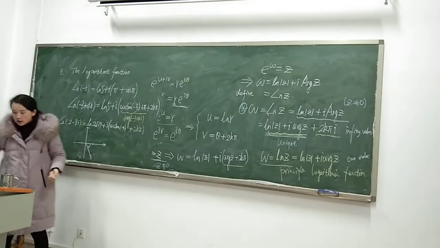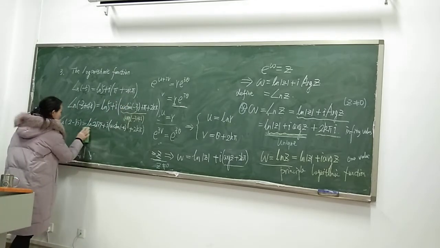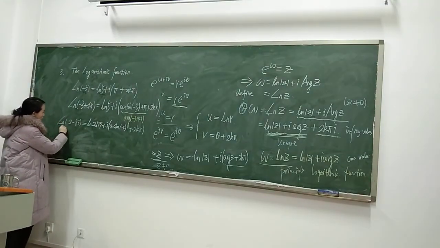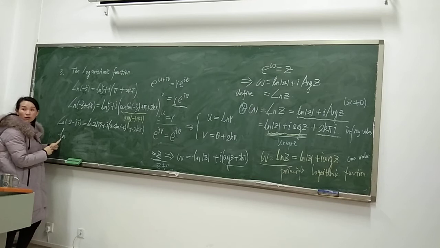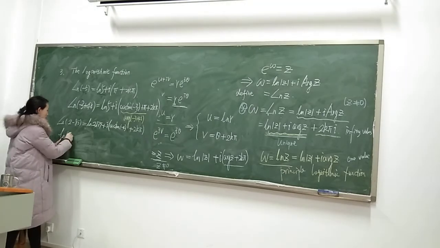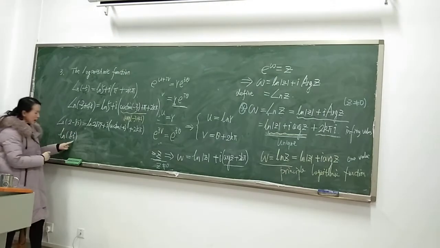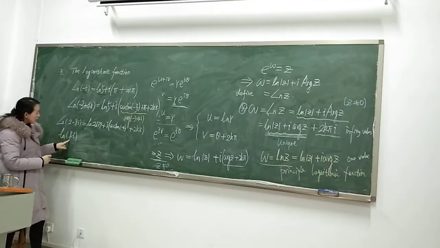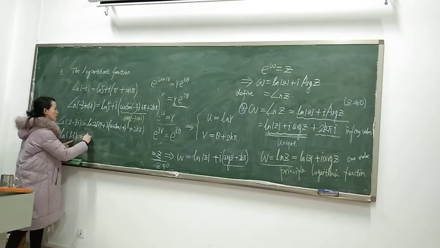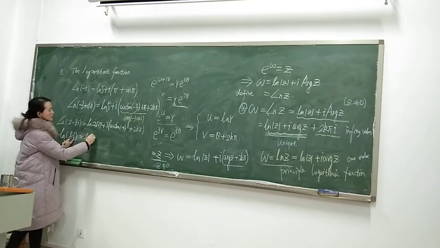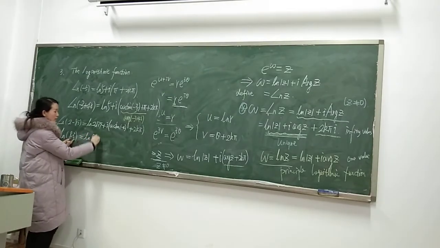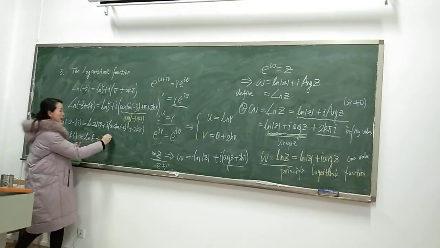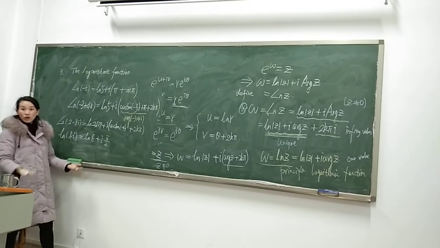If I give you another question, for example, I only ask you to compute small l of 8i. If here is small l, ln 8i, you only write ln the modulus of 8i, which is 8, plus i times the principal argument of 8i, which is pi over 2. That is okay.